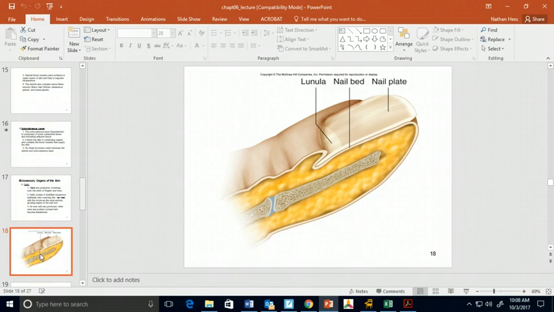Lunula just means half moon, right? Luna. Same root. Roots are important in English. So if you were to tear that nail off, which is very painful, it doesn't grow back as a whole. It starts at the bottom and very slowly grows all the way back. If you damage these cells on the bottom, your nail cannot grow back.